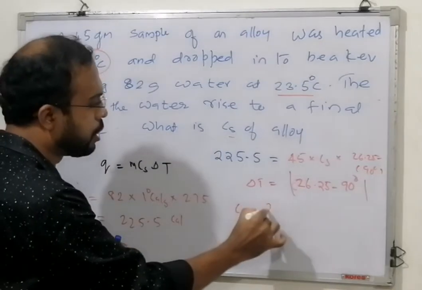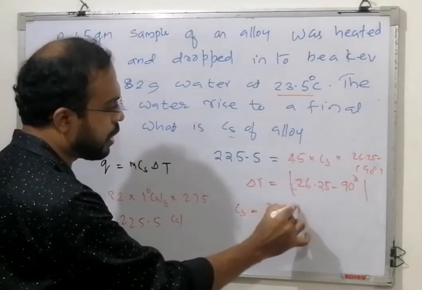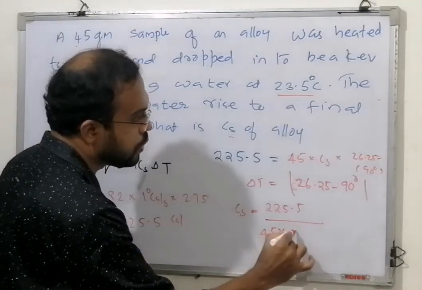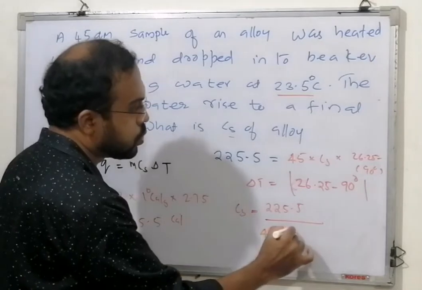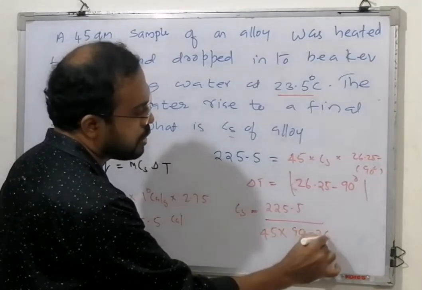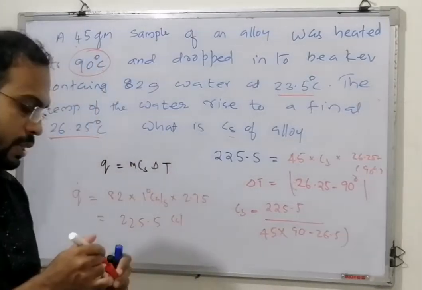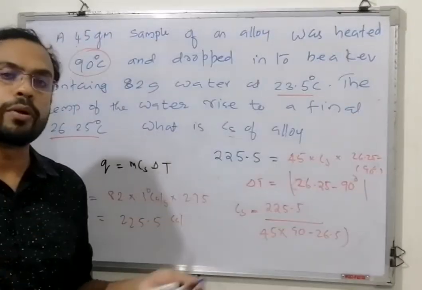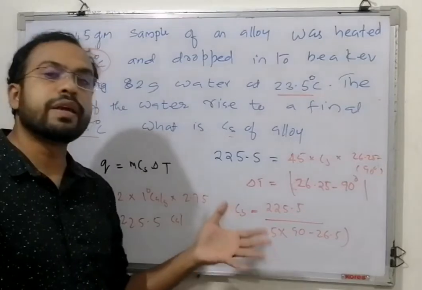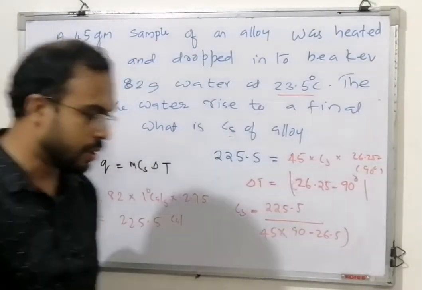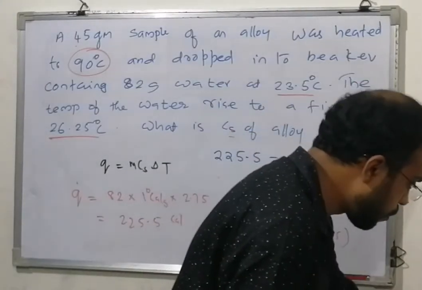Finally, the CS will be 225.5 all divided by 45 into 90 by 26.5. When it comes as minus, don't forget, minus and minus cancel. Okay, no problem. This is the specific heat capacity of that metal. Very simple question. I think the idea is clear. Now we can go to the next question.